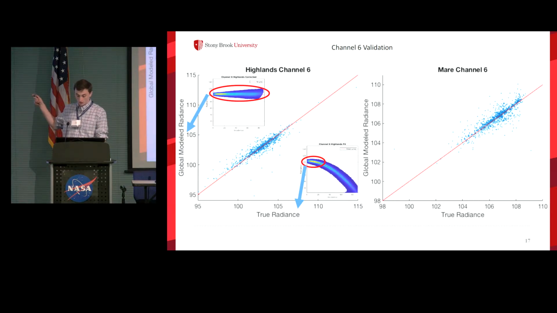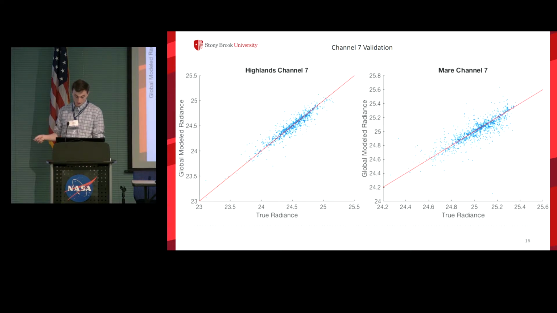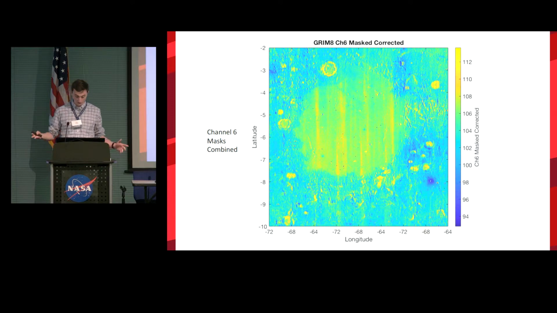Especially noticeable in the Channel 6 data is that the Highlands and Mare values are very far apart, so Highlands comes out much lower than Mare. In Channel 7, they are much closer together, which verifies the assumption we've made that Channel 7 is much more spectrally bland. And once I've combined those two masked areas together, it makes a very nice, neat map.